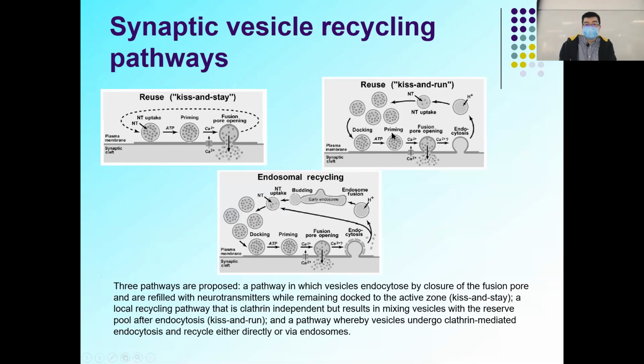Kiss and run means that once it's in priming, and then calcium gets in, the neurotransmitter is released after calcium. Then the membrane will go through endocytosis, and then go back to be filled, and then take up again. Now, kiss and stay, some of the potential is that after it's been released, it stays and then just reuptakes, and then goes through the same process again.